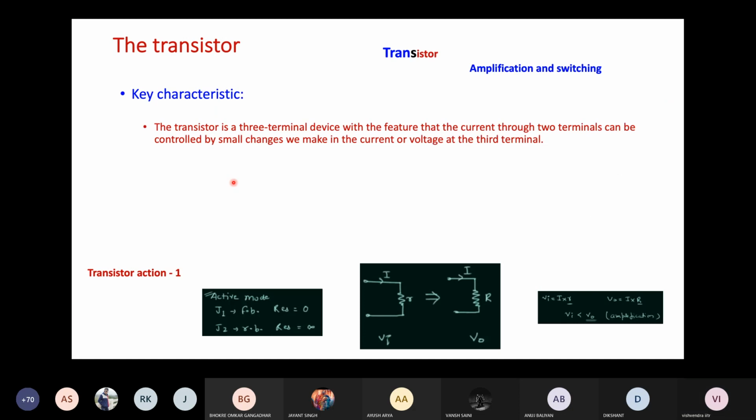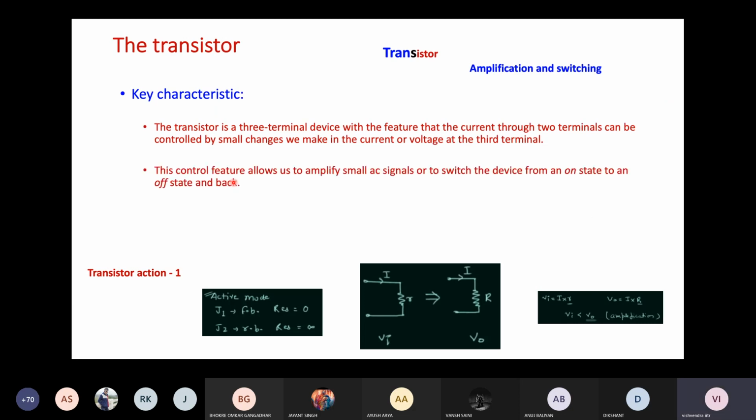So finally, the transistor is a three-terminal device in which the current through two terminals can be controlled by a small change in current or voltage at the third terminal. Okay. In BJTs, generally the current between two terminals is controlled by the current at the third terminal.